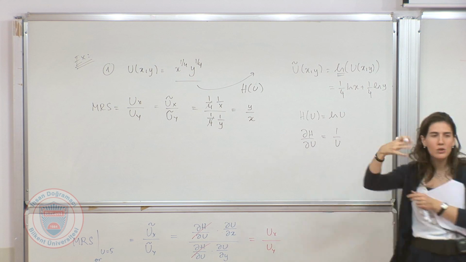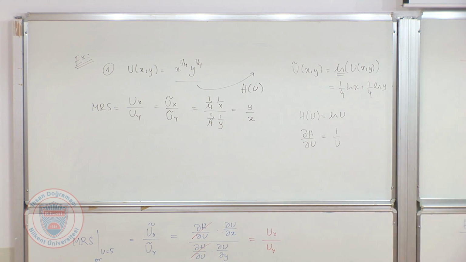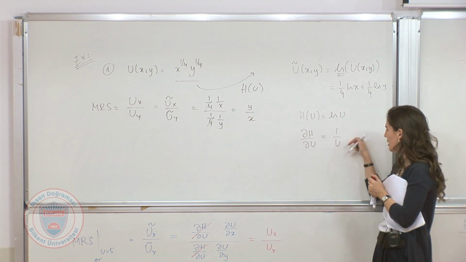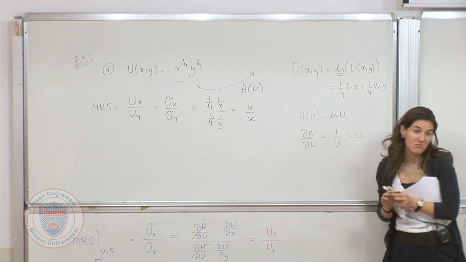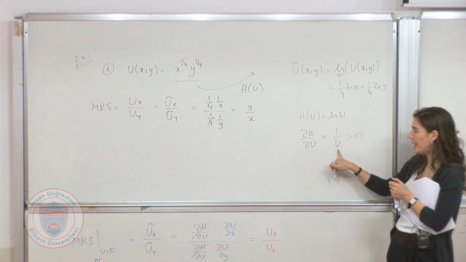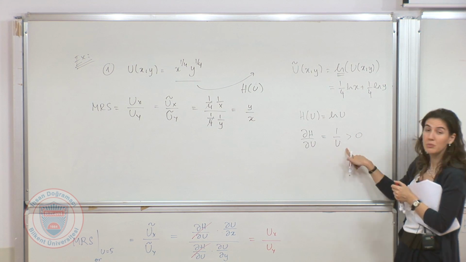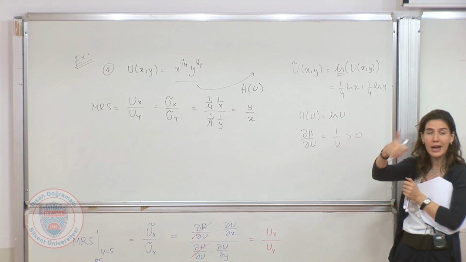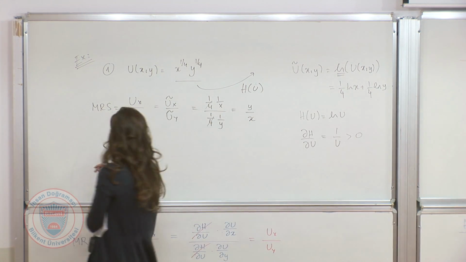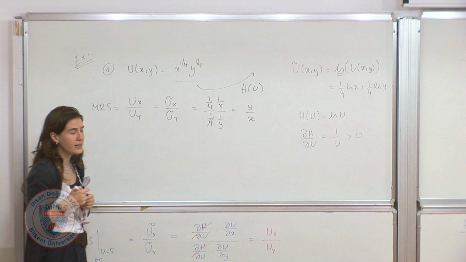And as long as utility is positive, which we assume because we assume x and y are positive, this is going to be positive, okay? As long as the derivative is positive, it's a positive monotone transformation, which is allowed. I can use it, and then I can use its derivative, which is much easier. And then this is going to be y over x, okay?